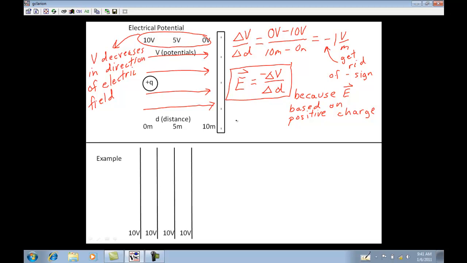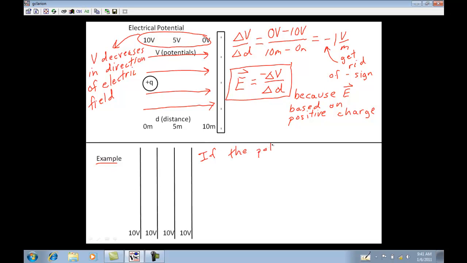In all regions in this example, notice that the electric potential is the same. When the electric potential is the same, what can we say about the electric field? Yeah, it's the same, but it's actually a very specific value.